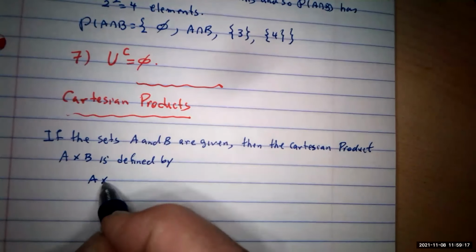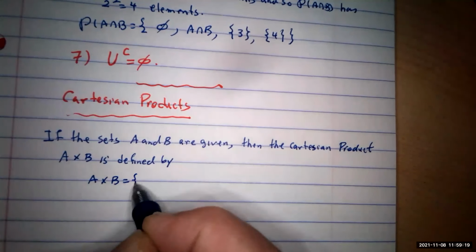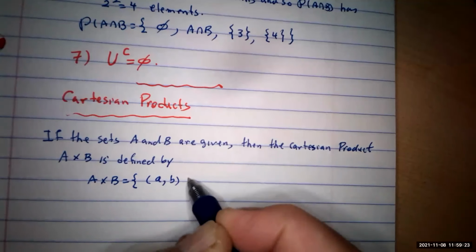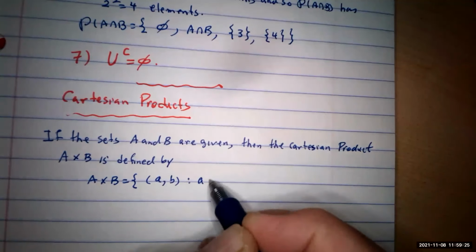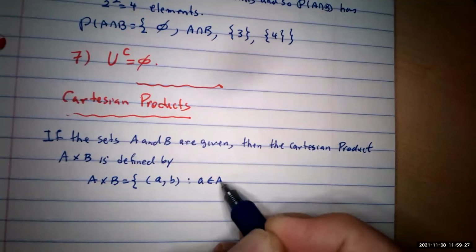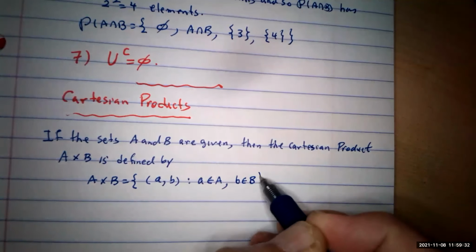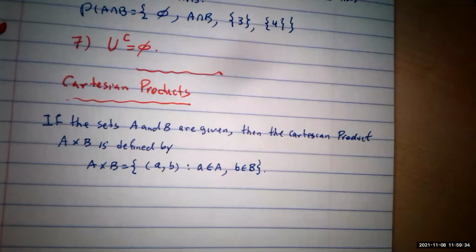A cross B is going to be the collection of all ordered pairs (a, b) such that a belongs to A and b belongs to B. So that's the definition of Cartesian product as we did before.